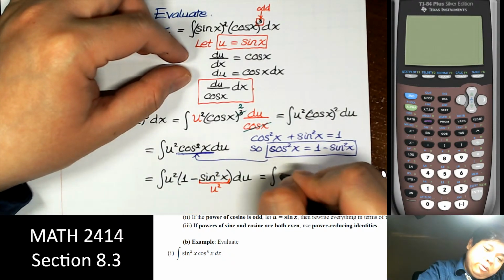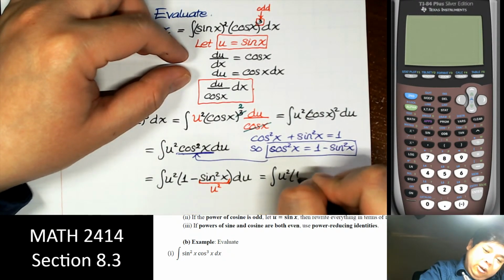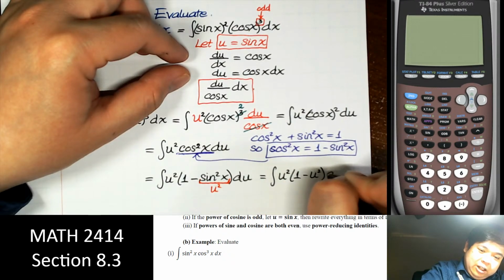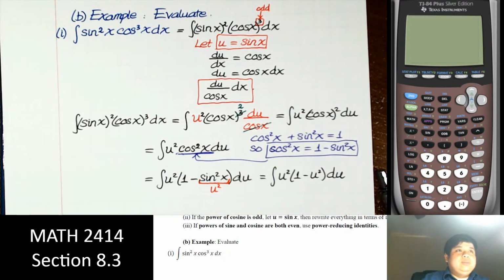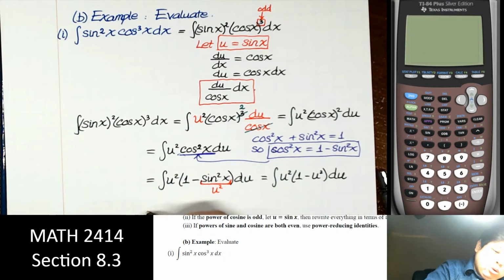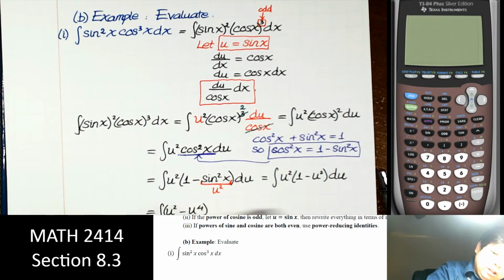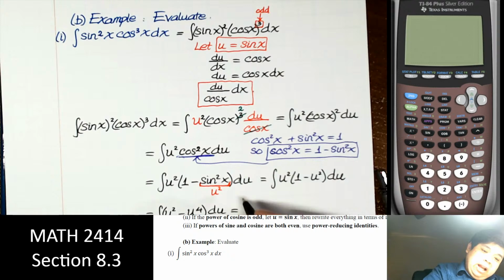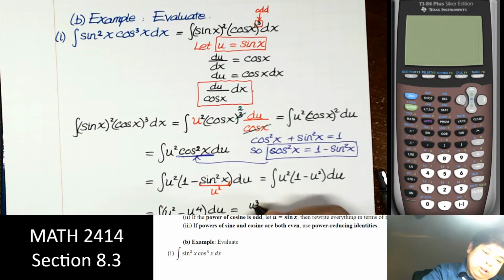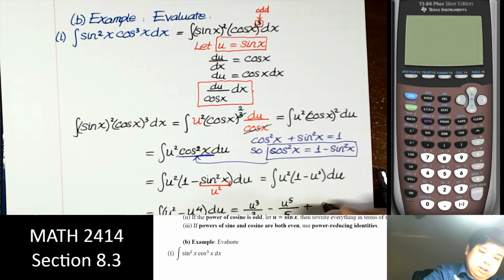So we just have the integral of u square times 1 minus u square du. And then multiply it out: u square minus u to the 4th du. And the integral will be u cubed over 3 minus u to the 5th over 5 plus c.